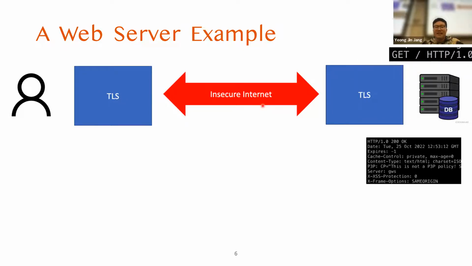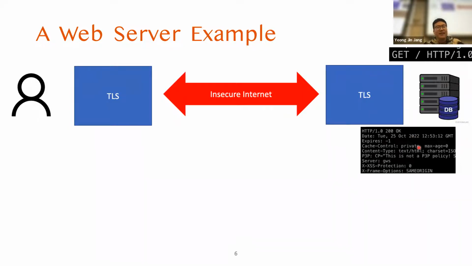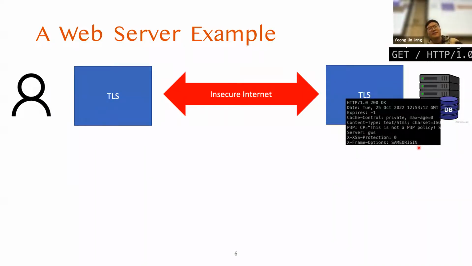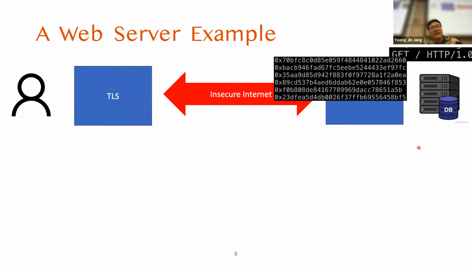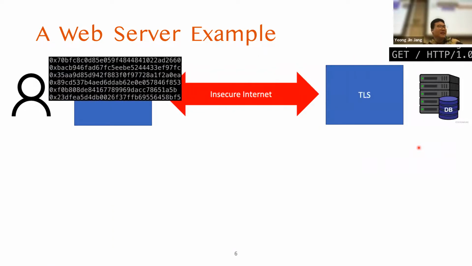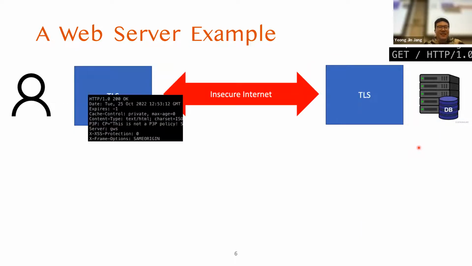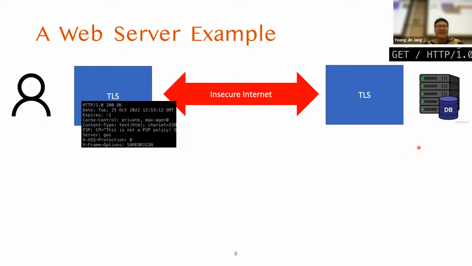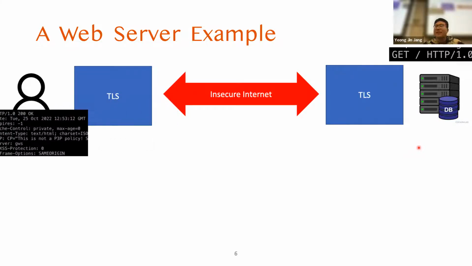The same thing happens in the backward direction. If the server prepares an HTTP response, it is encrypted by the TLS module on the server and goes out to the internet. All the middlemen see random-looking data, and it is securely decrypted at the client side, so the client web browser can see the plain text content.